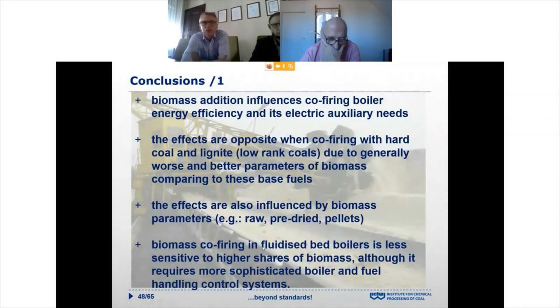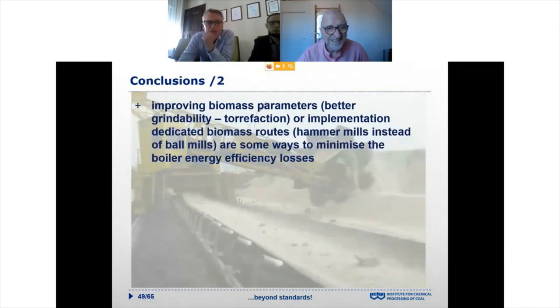What we have found looking at biomass combustion in fluidized boilers is that generally fluidized boilers are more convenient, let's say, for a higher share of biomass. They are less sensitive, although they require more sophisticated boiler and fuel handling control systems compared to pulverized coal. This is what we have observed. Also, improving the properties of biomass in terms of grindability, as Janusz Lasek has already said: when we apply torrefaction, the biomass parameters can be improved in terms of grinding.